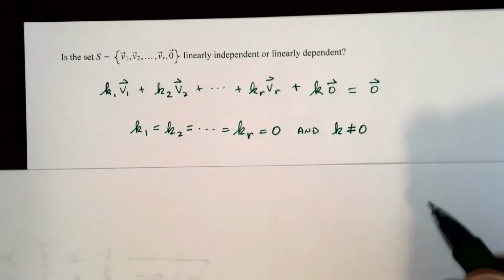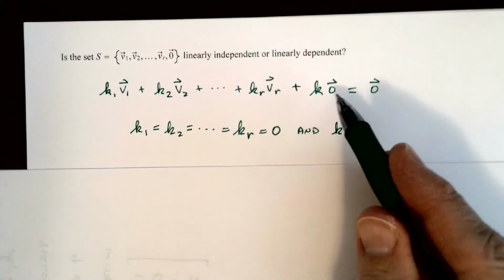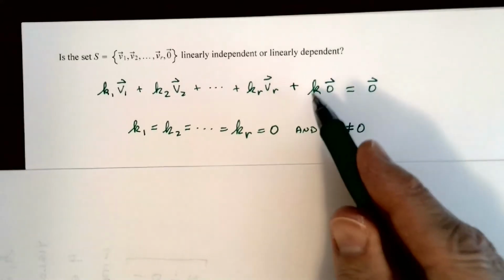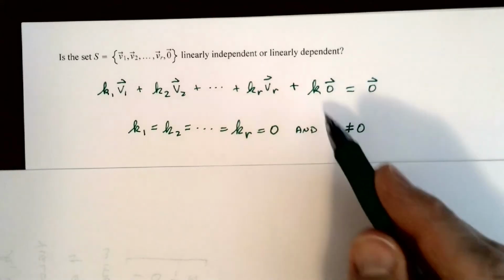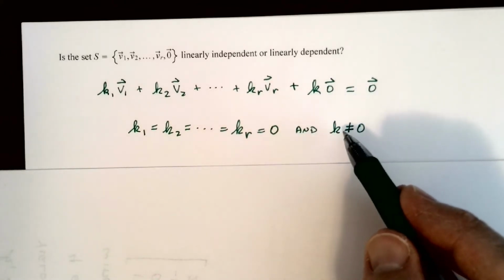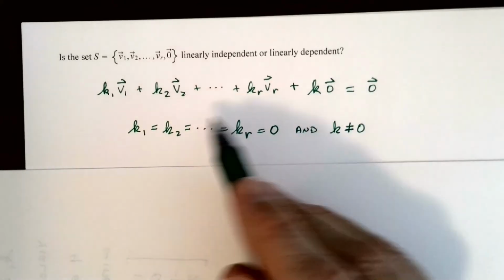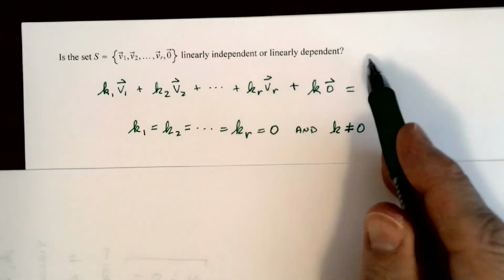It doesn't really matter, because what am I multiplying K by? The 0 vector. Anything times the 0 vector is the 0 vector. So it doesn't matter what K is, this will always be 0. So technically I can choose K to be something that's not 0. But the minute I have something that's not 0 as one of my coefficients, that makes these vectors linearly dependent.